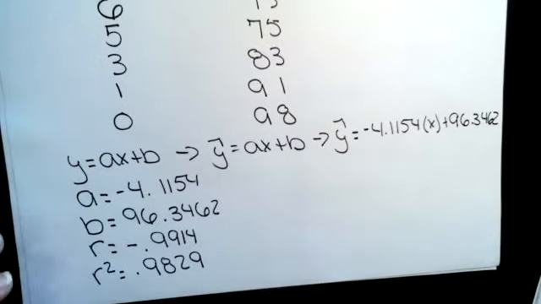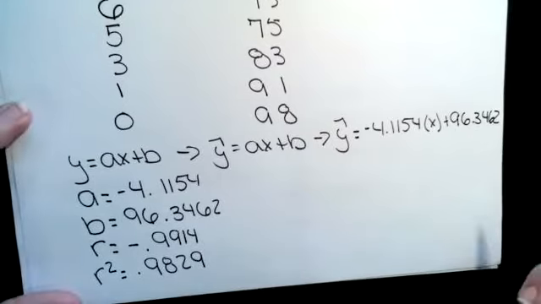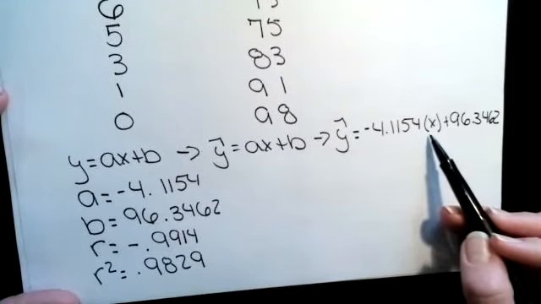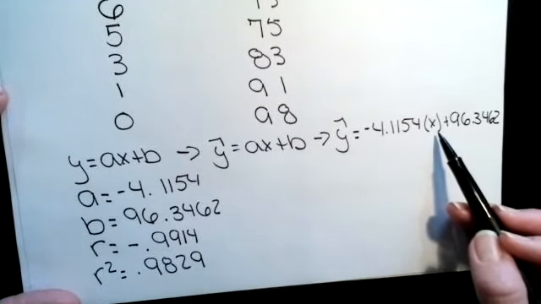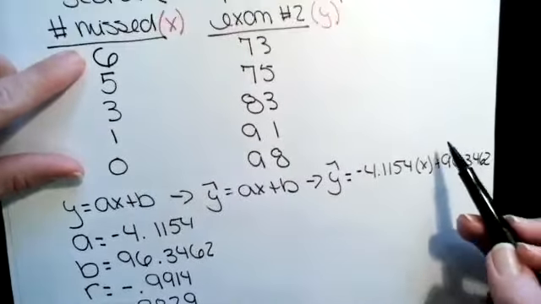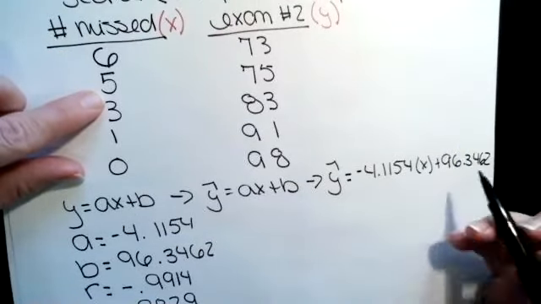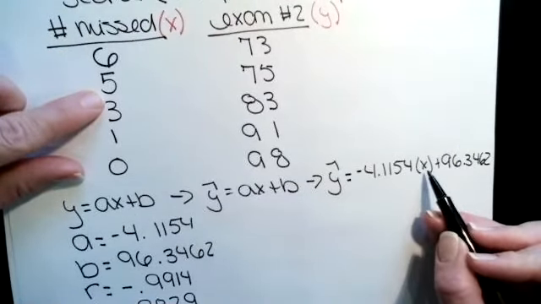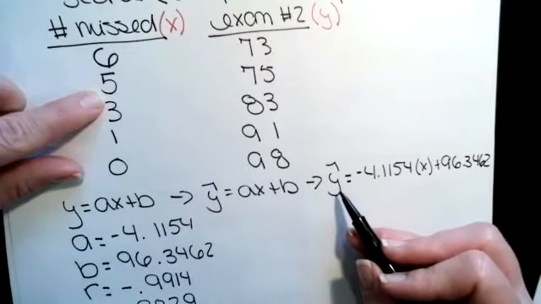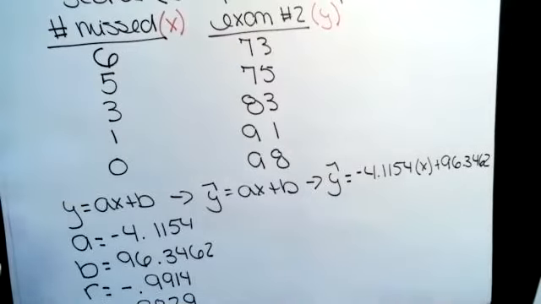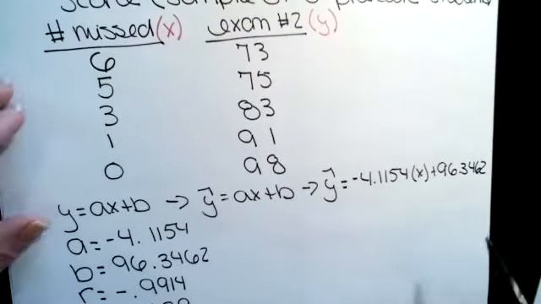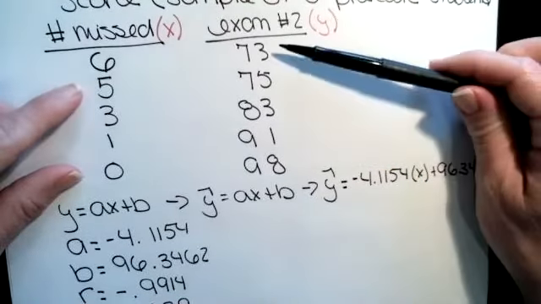Now if I don't have to actually get a graph, if I wanted to predict values, I could. Maybe if I look up here at my example, I don't have anyone that missed 4 classes, so I could plug that in for x and find out what I would predict their exam 2 score to come out as.